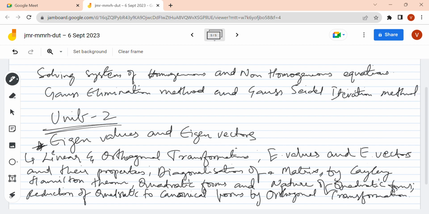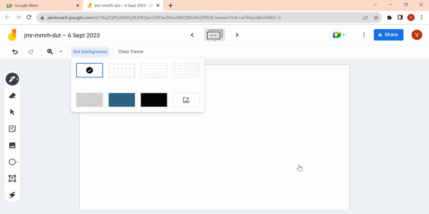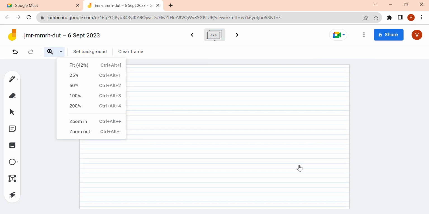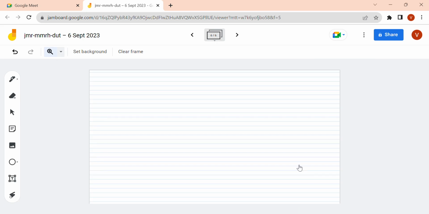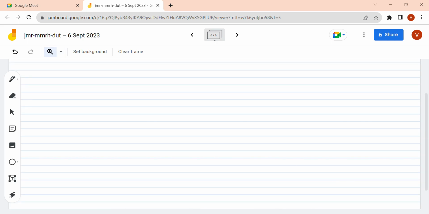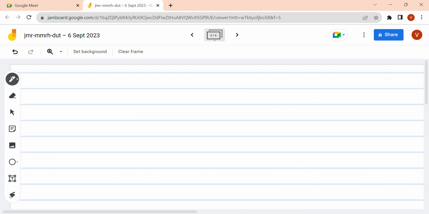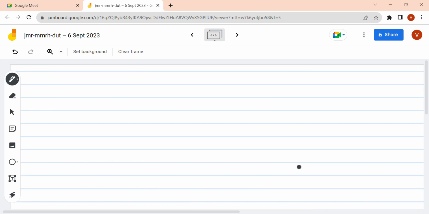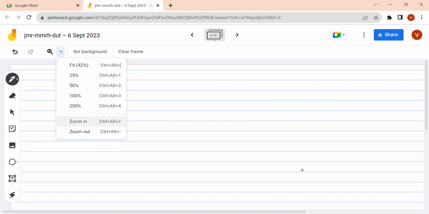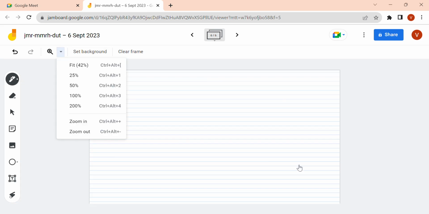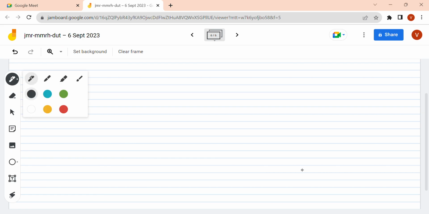Next comes your unit 3. Take a screenshot of it. Next we're going to discuss sequence and series. Your unit 3 is, let me change the color for this one.